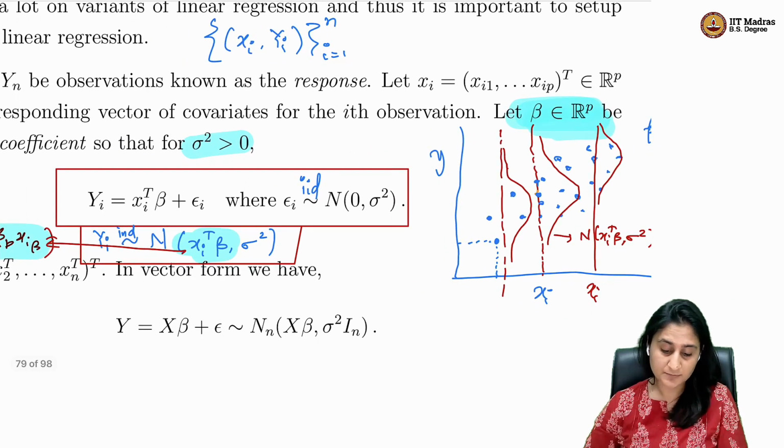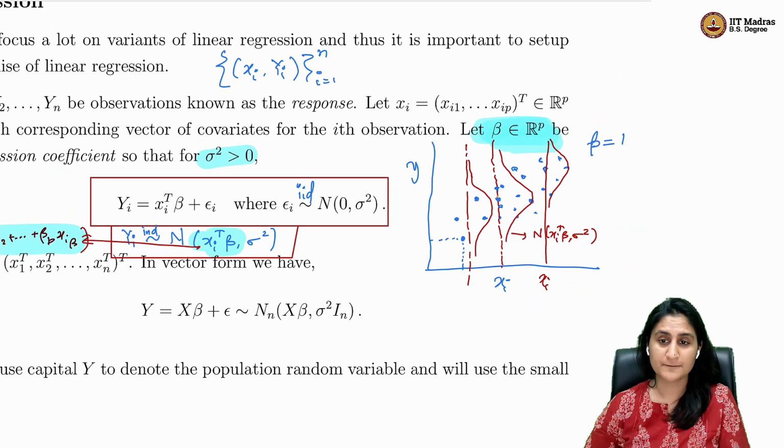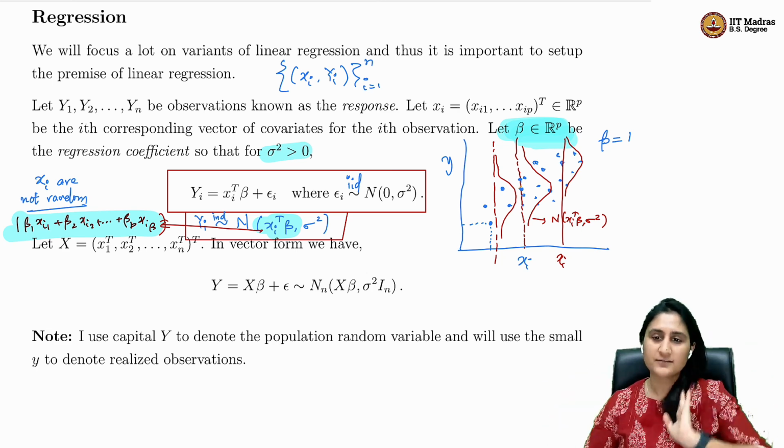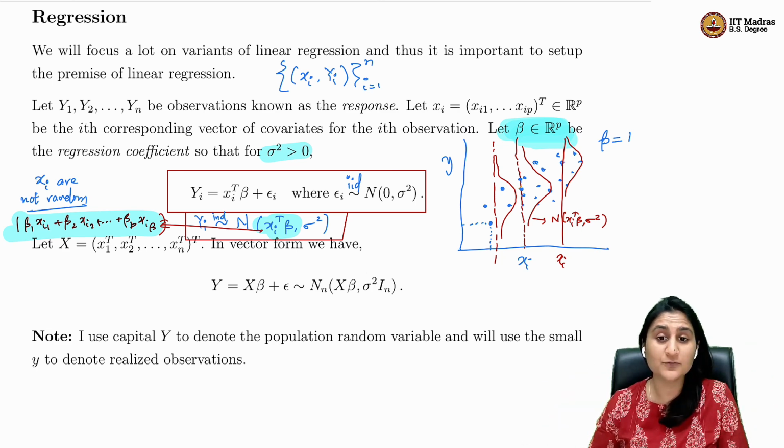This is the meaning of this particular model. And then what I want to do is find the beta that corresponds to this data and fits this best model.